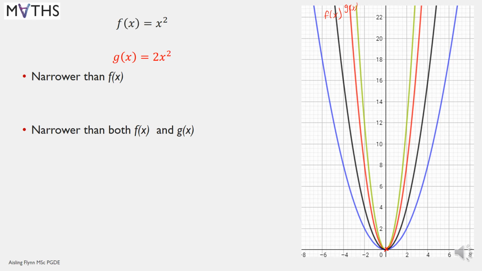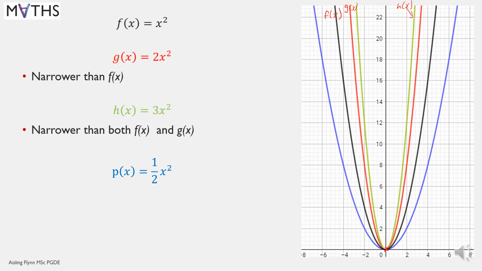If we look at the green graph, h of x, that's 3x squared. Okay, and that's narrower again. So the values for your outputs in the table are much larger than the other ones. And what it looks like is it's much narrower. The numbers get bigger much more quickly. So that's narrower than both f of x and g of x. And the blue one then is the opposite.